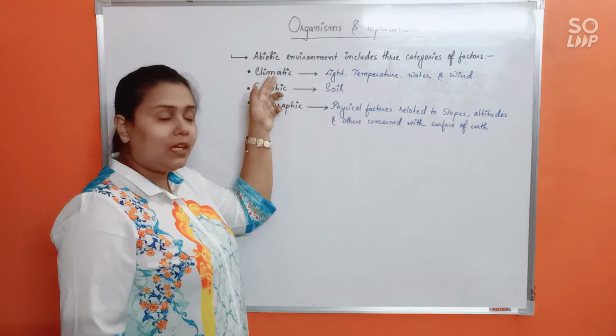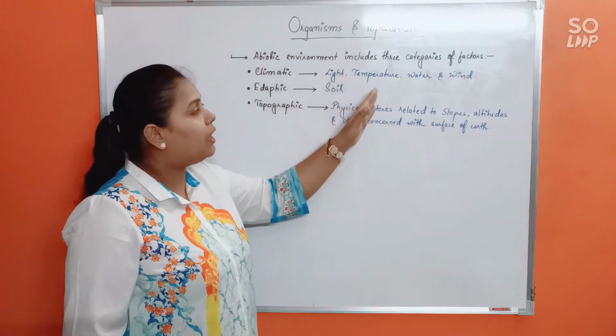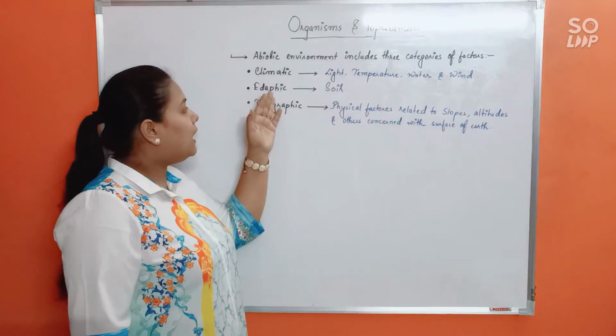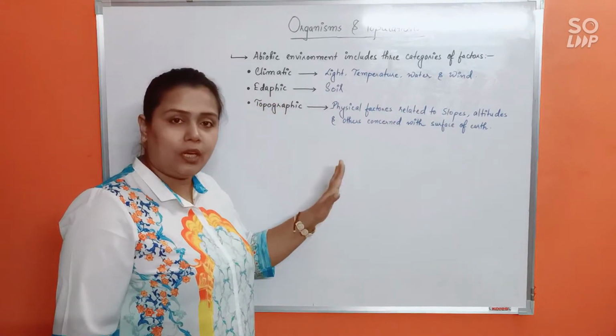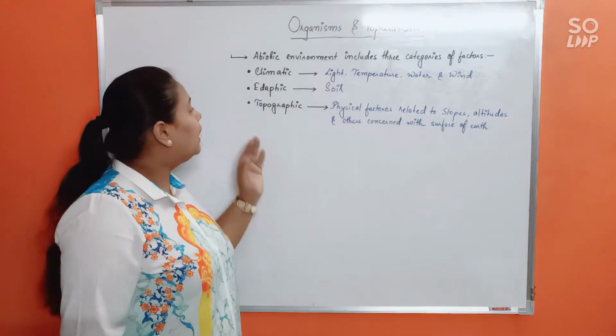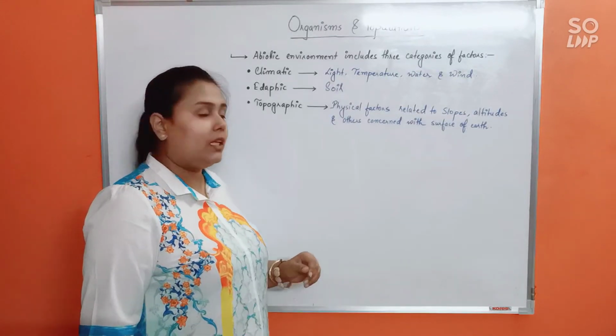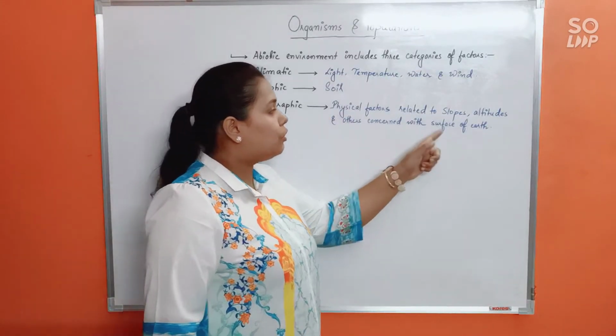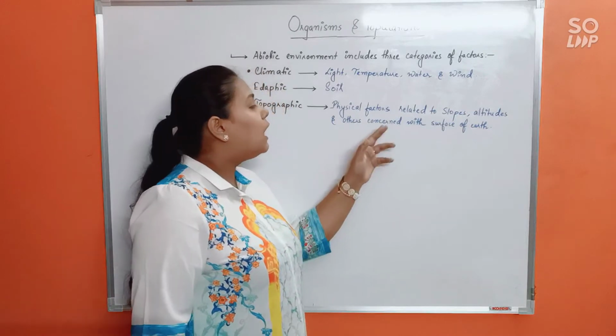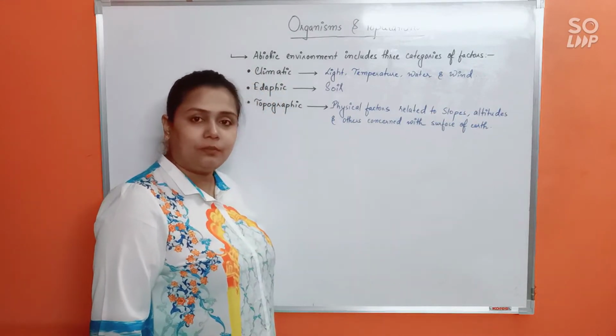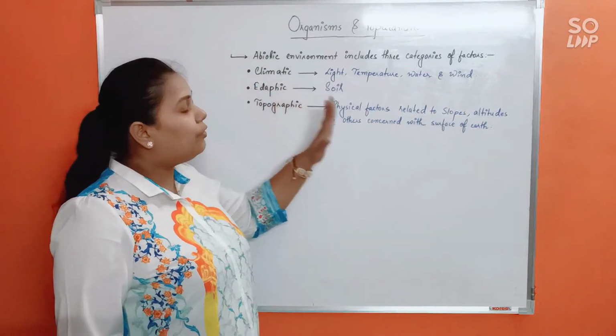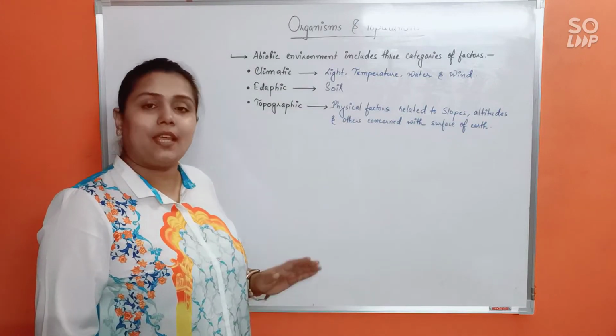First is climatic, that includes light, temperature, water and wind. Edaphic, that includes soil and everything associated with it. And topographic. Topographic means physical factors related to slopes, altitudes and others concerned with the surface of Earth. Okay, so we'll be discussing all of these under abiotic factors in detail.